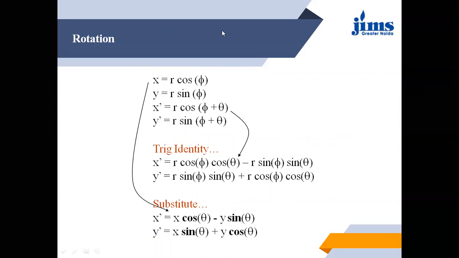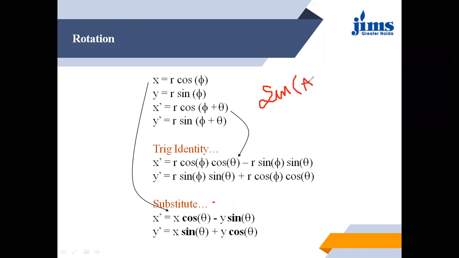We know the trigonometric formula for sine(a plus b).